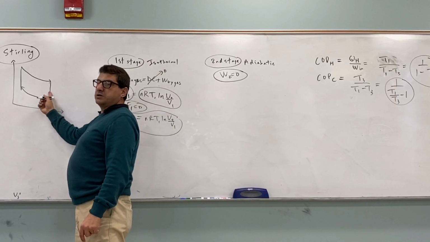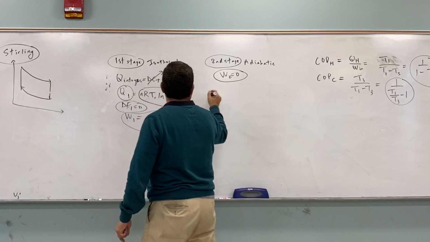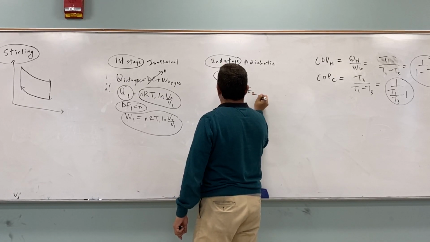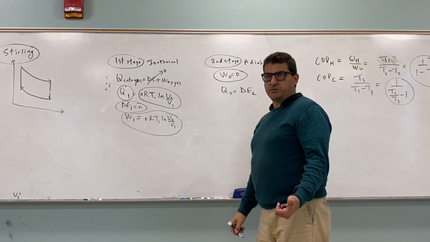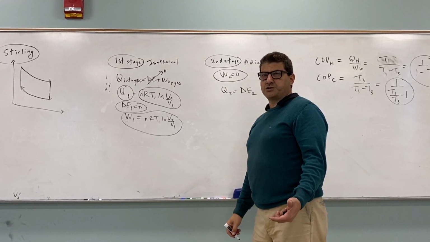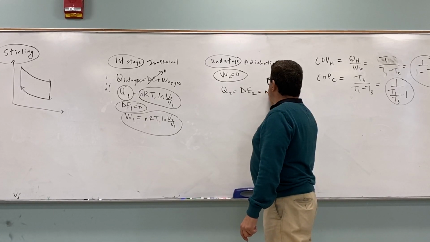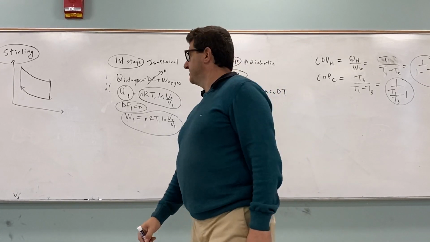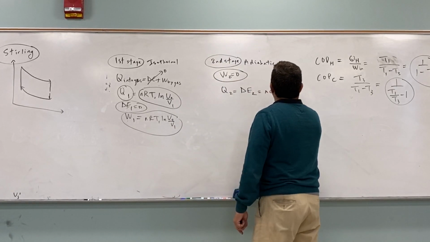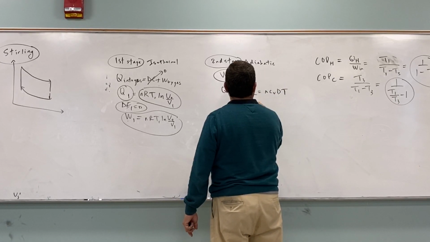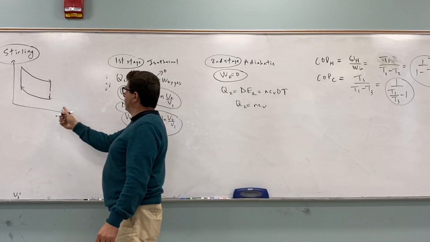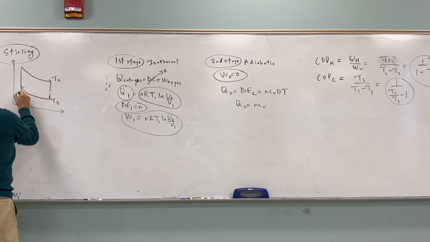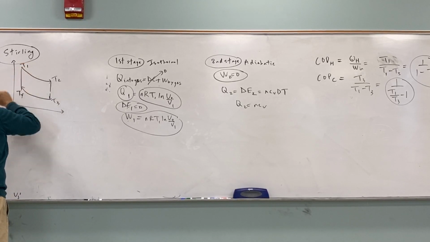So in this stage, what's the heat into the gas? So the heat into the gas is equal to the change in internal energy of the gas, because the W is 0, right? And then what's the change in internal energy? nCV delta T, right? nCV delta T, and then delta T is going to be the temperature it has here, so we'll call this T3, T2, this is T4, T1, right?